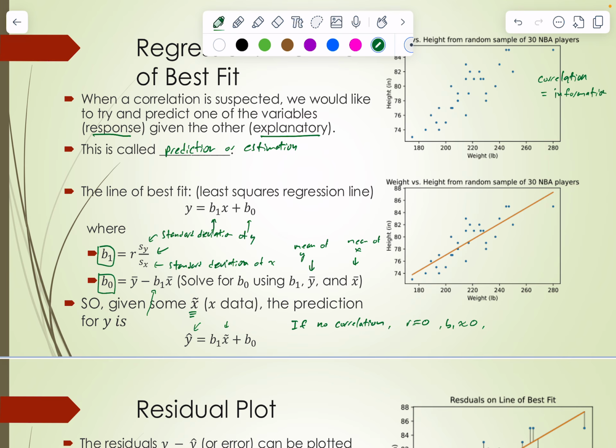And if B1 is basically 0, then B0 is basically y bar, the average of y. And so that means that your best prediction of y for any x is going to be this B naught, which equals y bar.